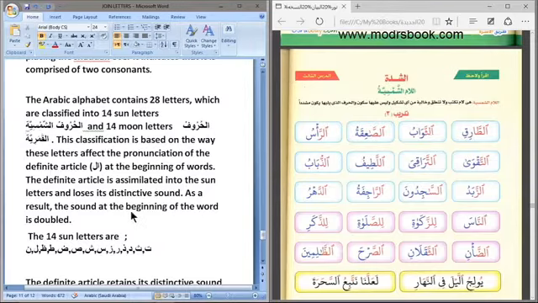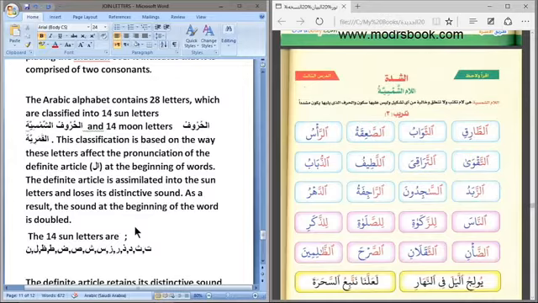As a result, the sound at the beginning of the word is doubled. That is, in pronunciation, the lam there won't be pronounced. So these are letters which, once they come after the alif and lam, we have to omit the lam in pronunciation. This is the work of the sun letters, so take note of them.